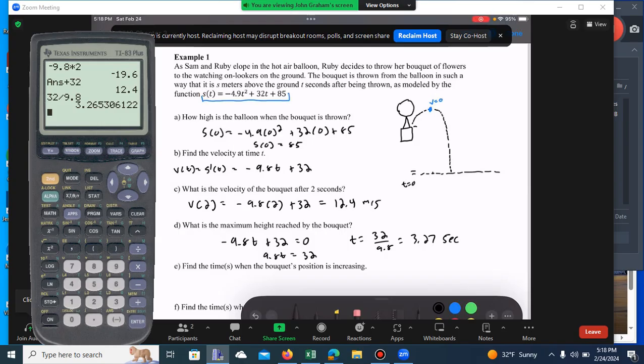But we want to know how high it goes, so we have to go back up to our s of t and plug in 3.27 seconds.